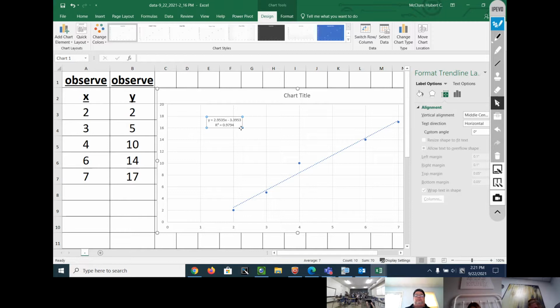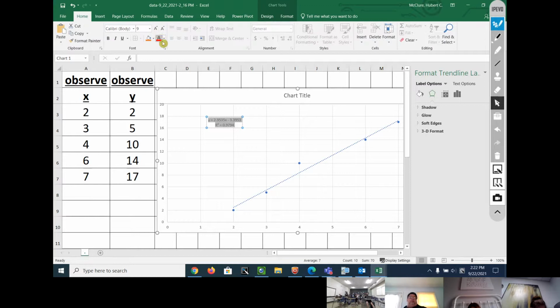Anybody? It is what we call a prediction. Write that down. This line is a prediction. This is your prediction line.